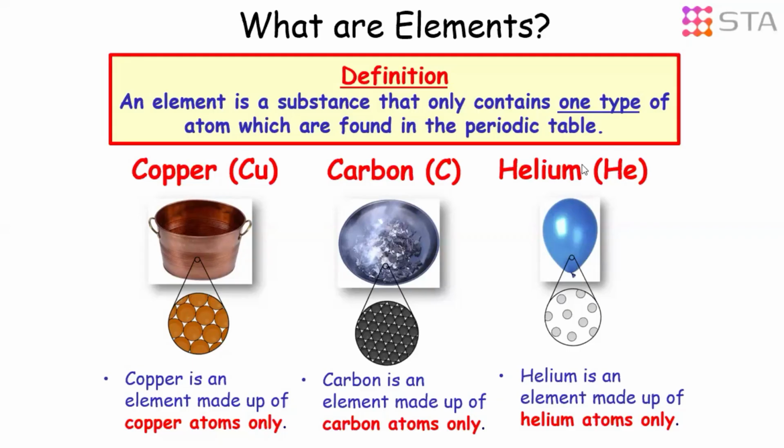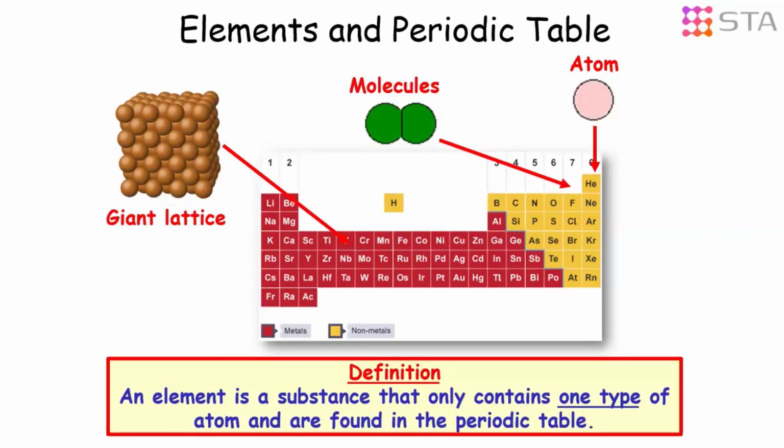And because these are elements, they will be found in the periodic table. Now, here is a picture of the periodic table. We know that the periodic table contains all the elements, and we know that there are 100 different types of element.